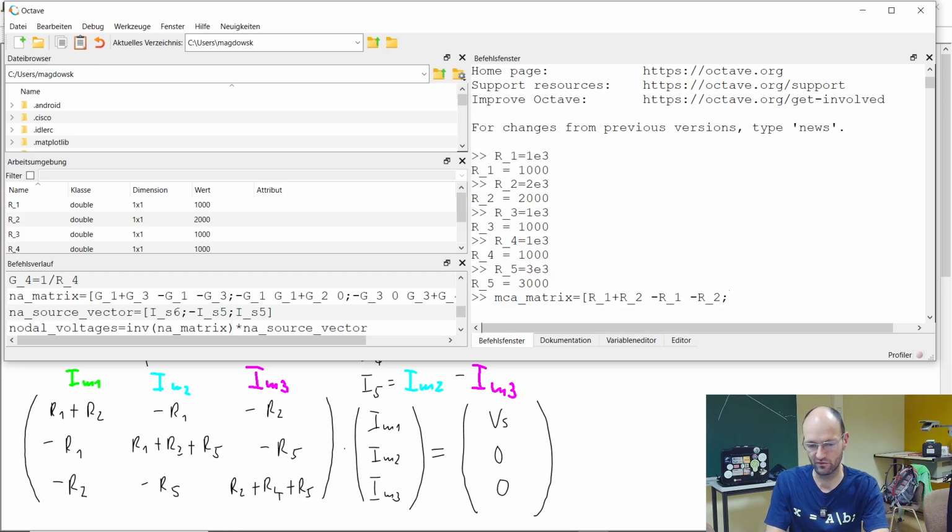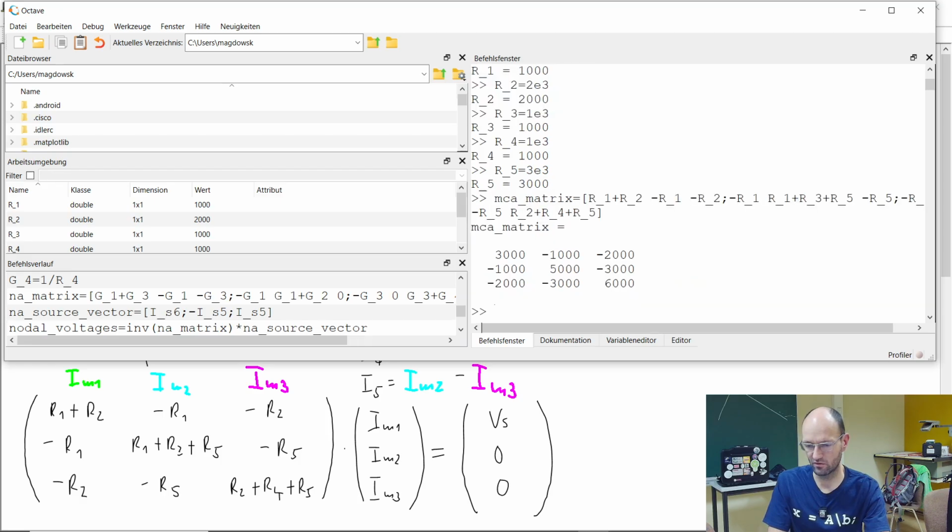Then semicolon gives a new line: minus R1, R1 plus R3 plus R5, and minus R5. And then the last line is minus R2, minus R5, R2 plus R4 plus R5. And then the result looks like this, which probably does not look too bad.